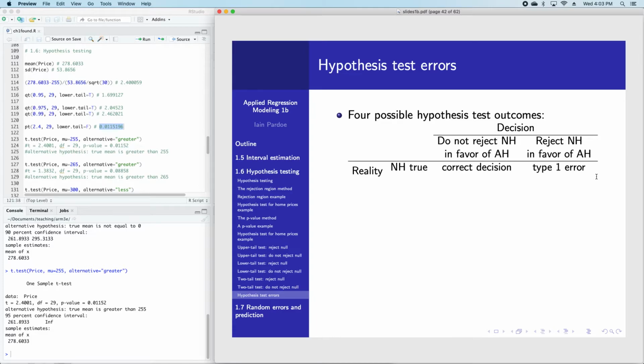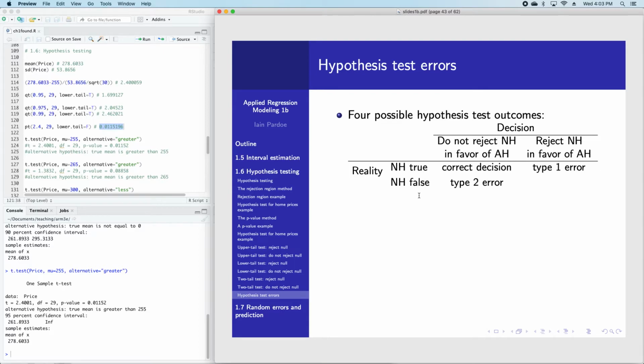And there's a probability of that happening every time you do a hypothesis test, and that probability is set by the significance level. And so that's typically why we set the significance level fairly low, say 5%, because we want that probability of making a type 1 error to be unlikely. We want that probability to be low.